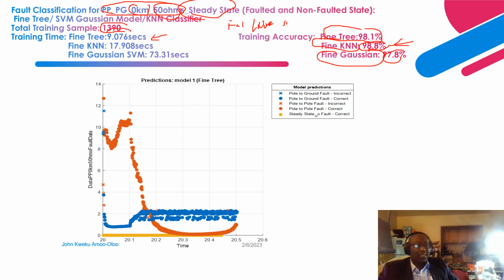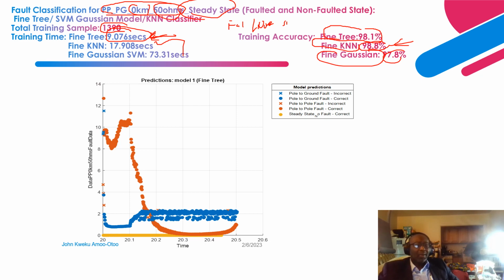So look at the training time that you have over here, comparably. As you can see, the fine tree has a smaller training time, so that makes us lean on it as a candidate to be selected as a classifier algorithm.